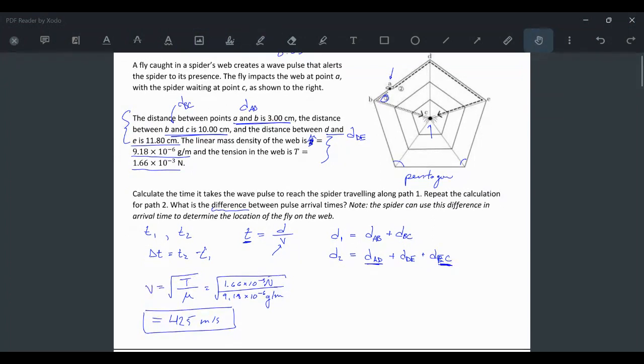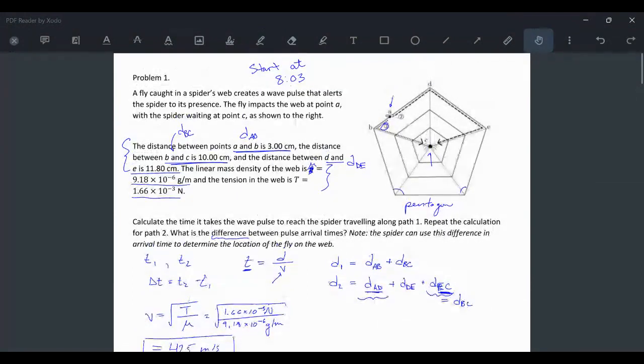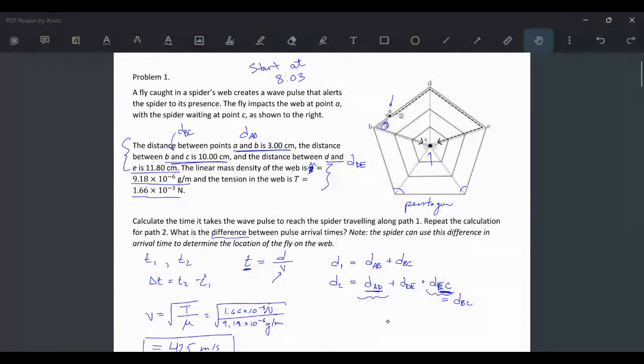But we can look at the fact that it's a regular pentagon. There's a lot of symmetry going on here. So d_EC is pretty obviously the same as d_BC, and we have d_BC. So we'll swap that out for d_BC, and d_AD might require a little bit more thought, but it's not too complicated. Notice that every single one of these 5 sides is the same.